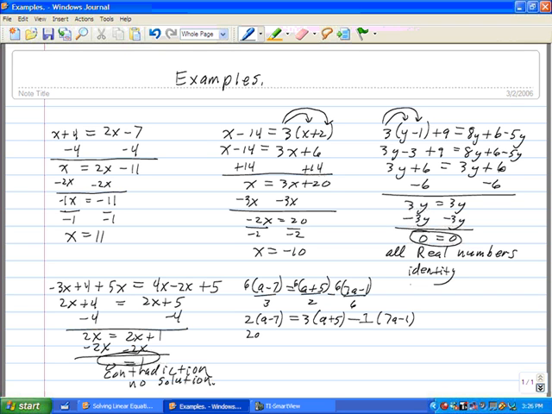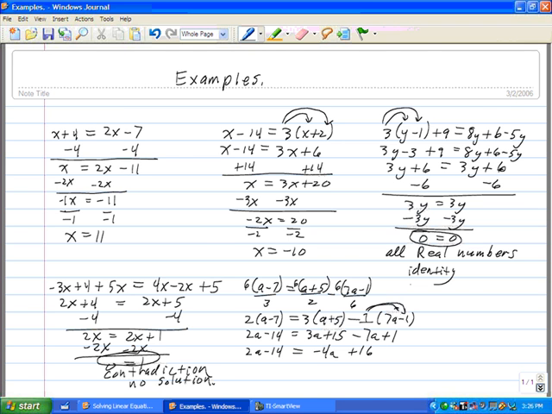This becomes 2a minus 14 equaling 3a plus 15 minus, and watch your minus signs and your negatives very carefully, minus 7a, and it becomes a plus 1 when the minus sign gets distributed. Combining like terms is going to be necessary on the right hand side. 3a minus 7a is negative 4a, and 15 and 1 is 16.